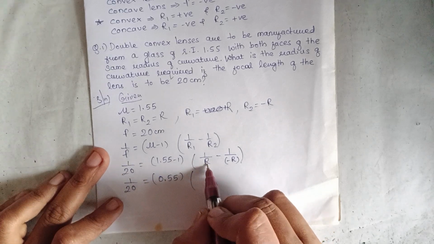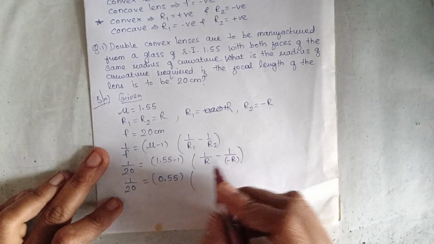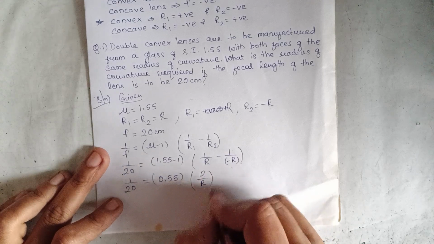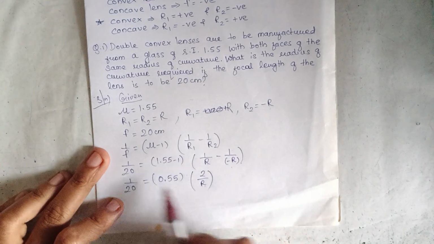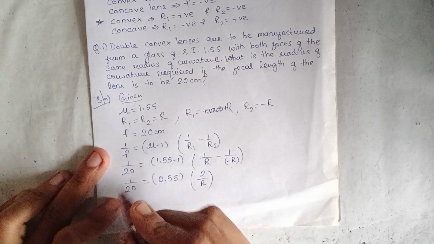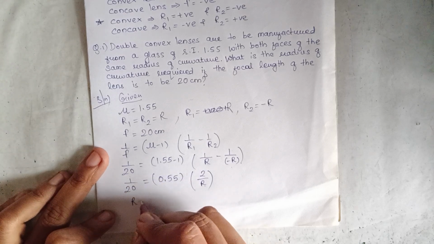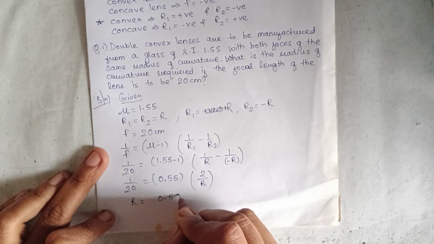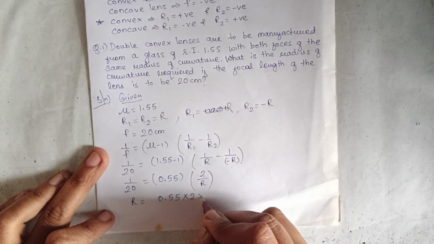So this is 1 upon r plus 1 upon r, which is 2 upon r. You can take this r this side and 20 this side, so r equals 0.55 into 2 into 20.